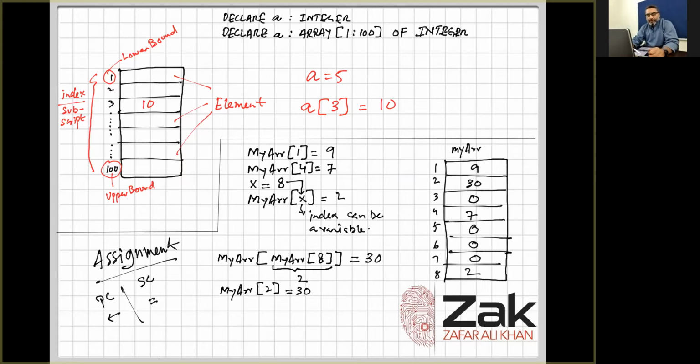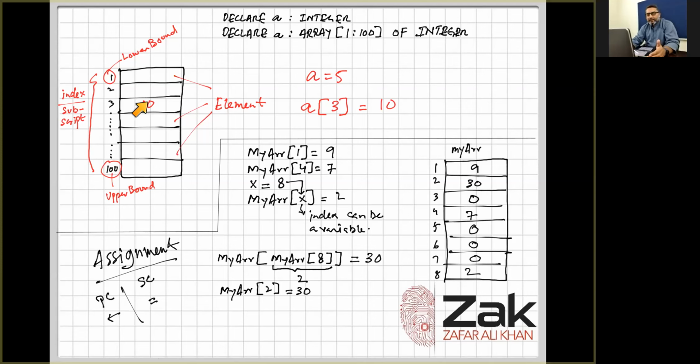So if we want to assign a value to a variable, we will just assign the value, which is a literal or constant, to that variable. That is very simple, as we do it in physics, chemistry, maths, and other subjects. But when we assign a value to an array, we have to tell at what index we have to put that value.